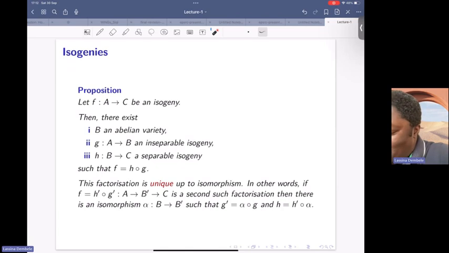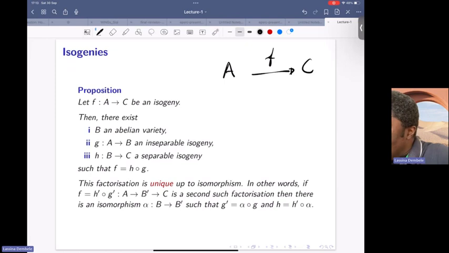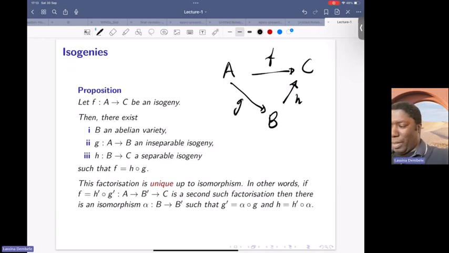So if you start with an isogeny, let's say I call this F, then what the theorem says is that I can always find some abelian variety B, and call this H and then call this G.